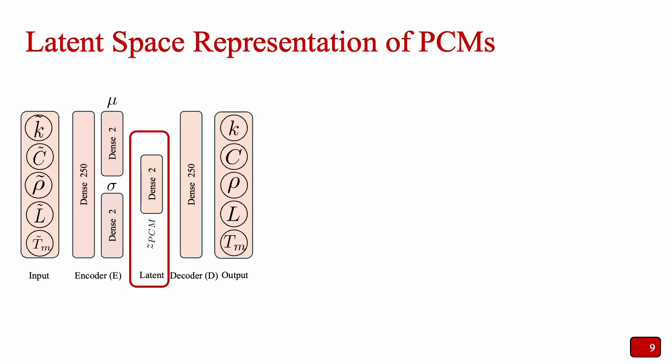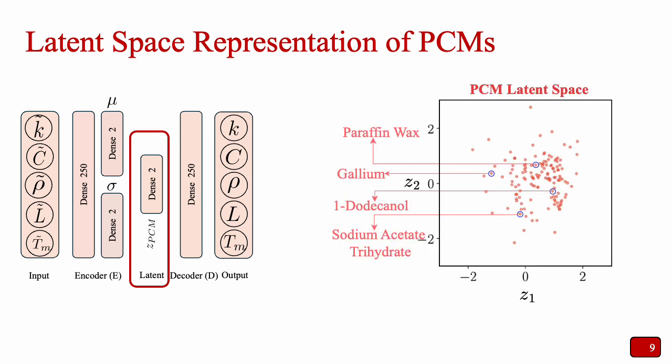The decoder network can then reconstruct the full material properties from this compact vector. Critically, we observe that the decoder is a differentiable mapping between the latent space and the material properties, thus enabling us to use them in a gradient based optimizer.